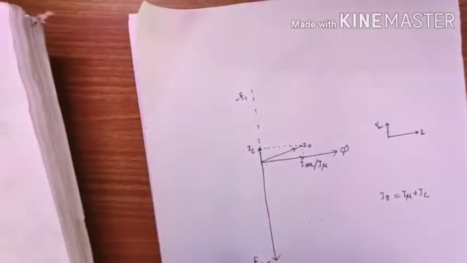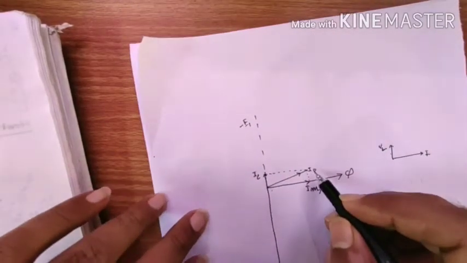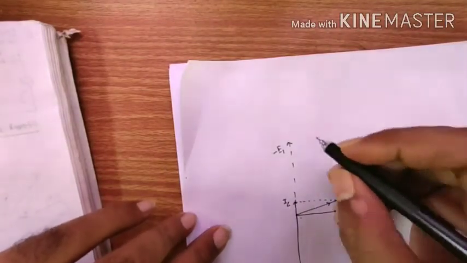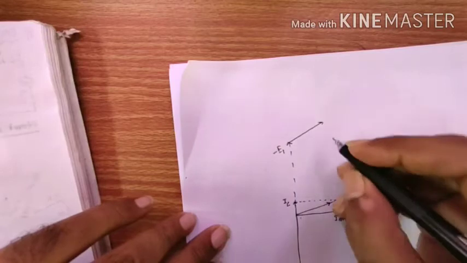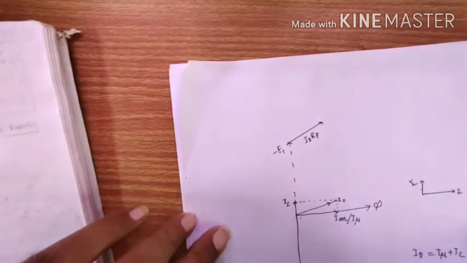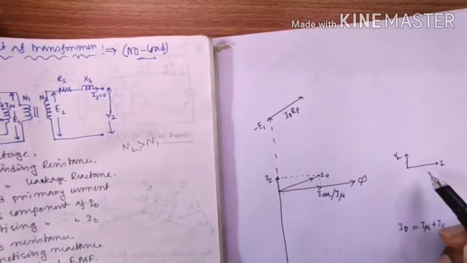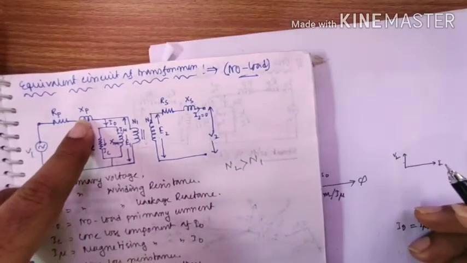In case of RP, RP is the resistive part. So if this is the direction of I0, then I0 into RP should be in the same direction, a parallel line. So it can be I0 into RP. By following this logic, I0 current is flowing through XP.